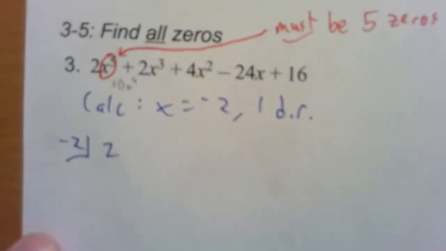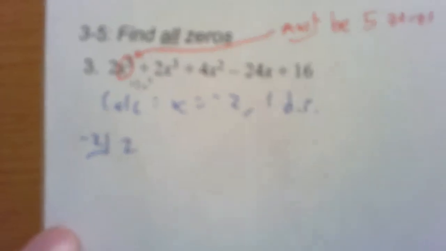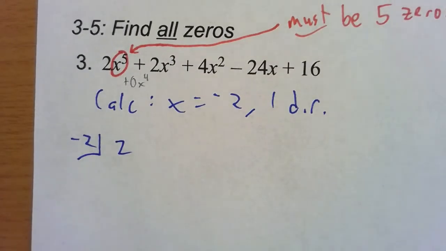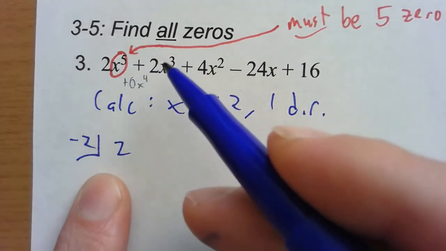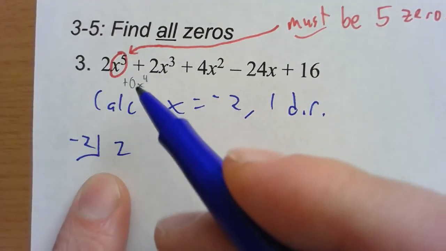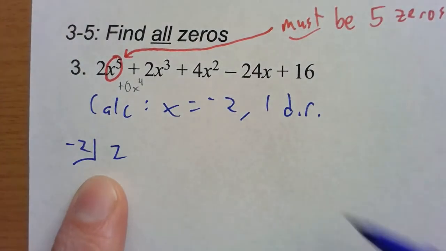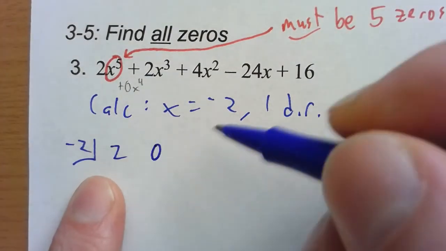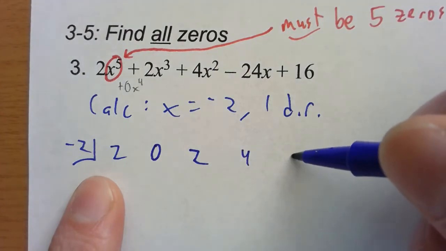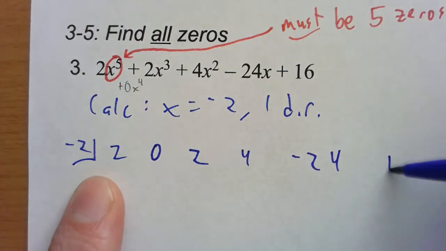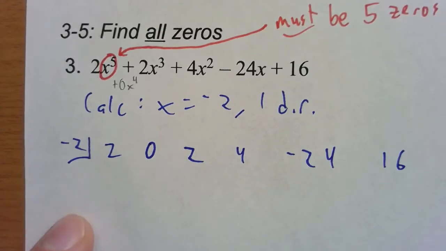When you're doing synthetic division, if you're missing a term, then you have to have a 0 for that term. So I can't just go 2 and then 2. It's got to be a 0 for the x to the 4th term there.